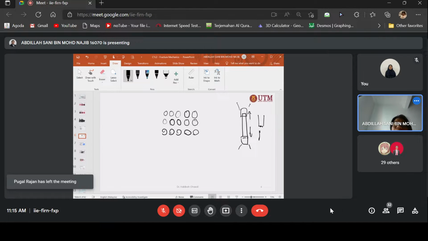Based on the reading of the machine, we know the load, and we can get the strength, the ultimate tensile stress, or the stress needed to cause plastic deformation, which is the yield stress. So that is on the macroscopic level.